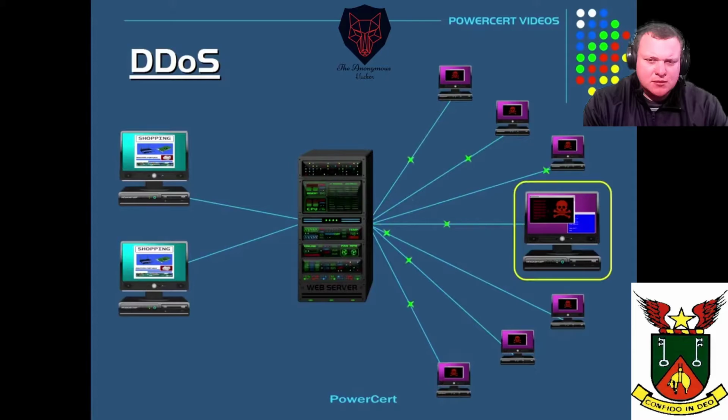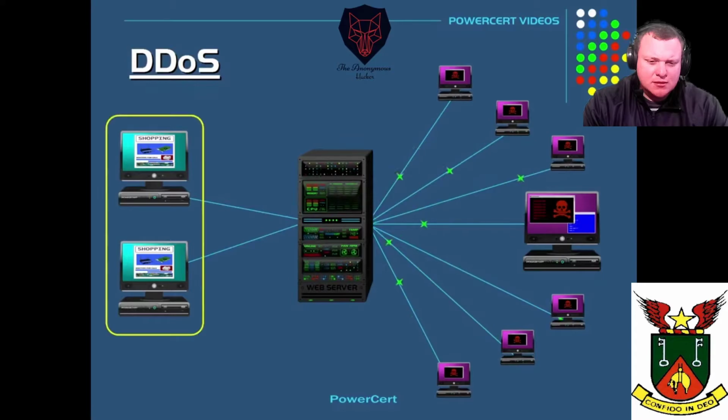So this computer here, who is the ringleader, can communicate with other computers around the world and coordinate an attack on this server. So now, instead of an attack coming from a single source, the server now has to deal with an attack from multiple sources. And when this happens, it will overwhelm the server. It will eat up the server's system resources, such as the CPU and memory, and it will also eat up network bandwidth.